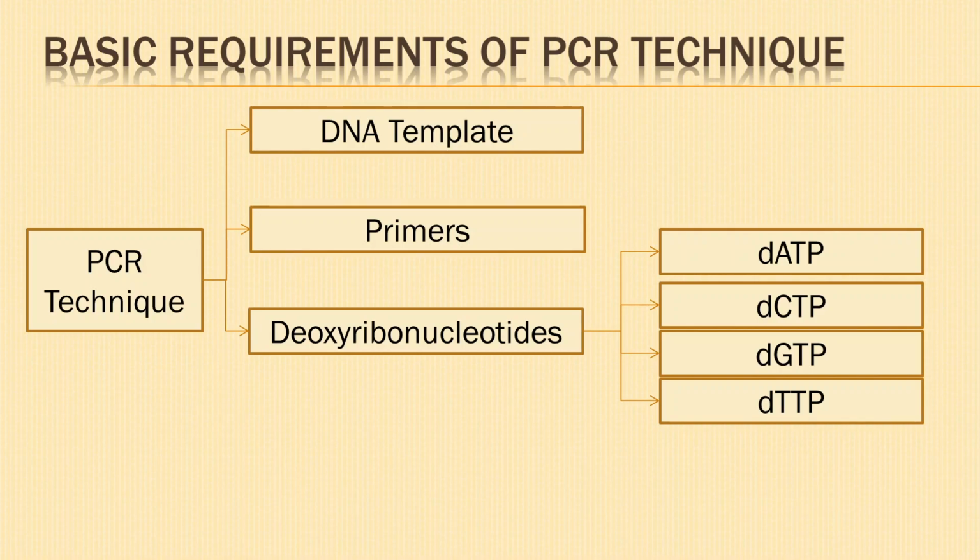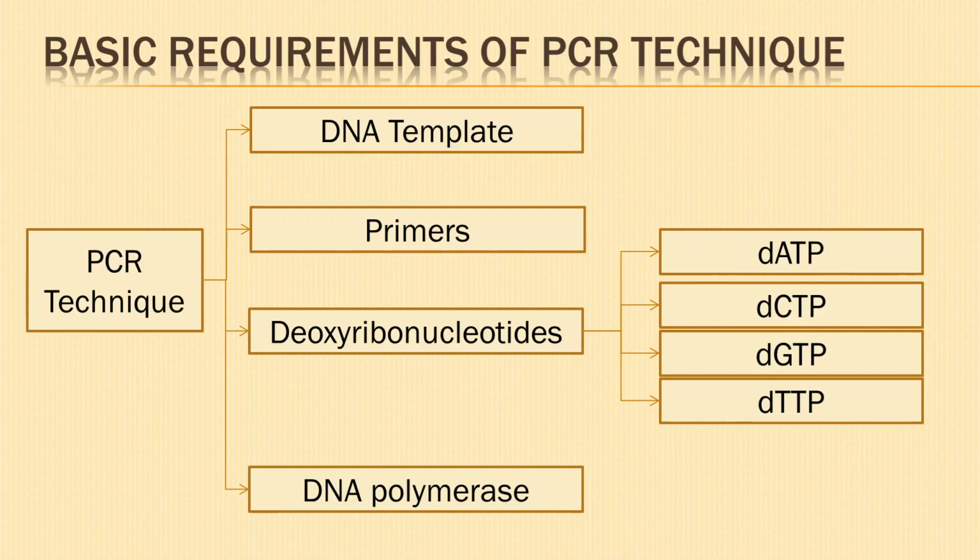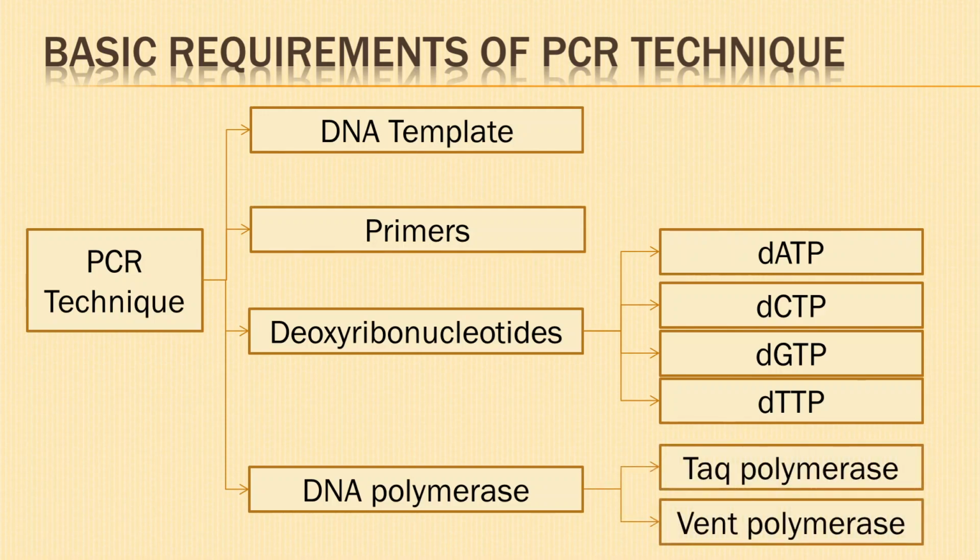They are collectively known as deoxynucleoside triphosphate. A thermostable DNA polymerase that can withstand the protein denaturing condition up to 94 degrees Celsius. Commonly used enzymes are Taq polymerase, obtained from bacteria Thermus aquaticus, and Vent polymerase, obtained from Thermococcus.